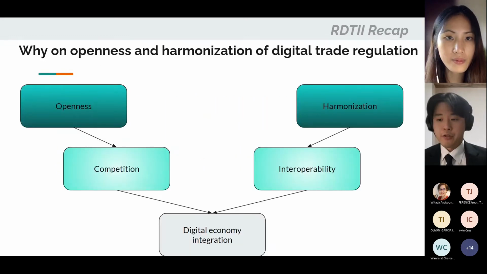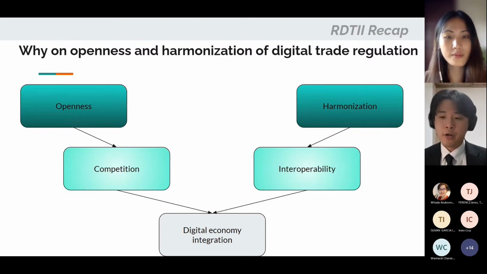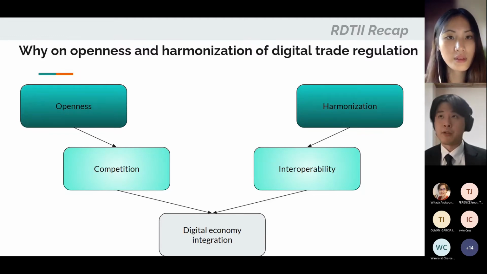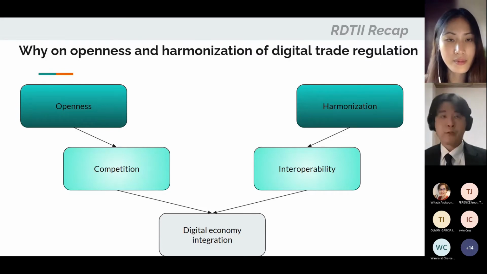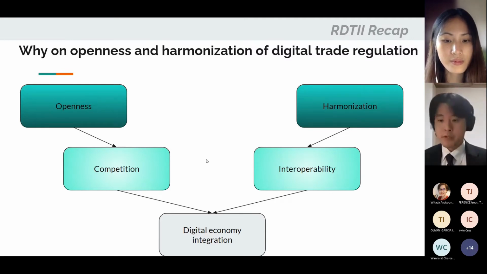I mentioned that RDTII is about regulatory measures that apply to digital trade, and RDTII tries to capture the openness and harmonization of digital trade regulation. Then the next question would be, why openness and harmonization of digital trade regulation? The short answer is that we care about digital economy integration.